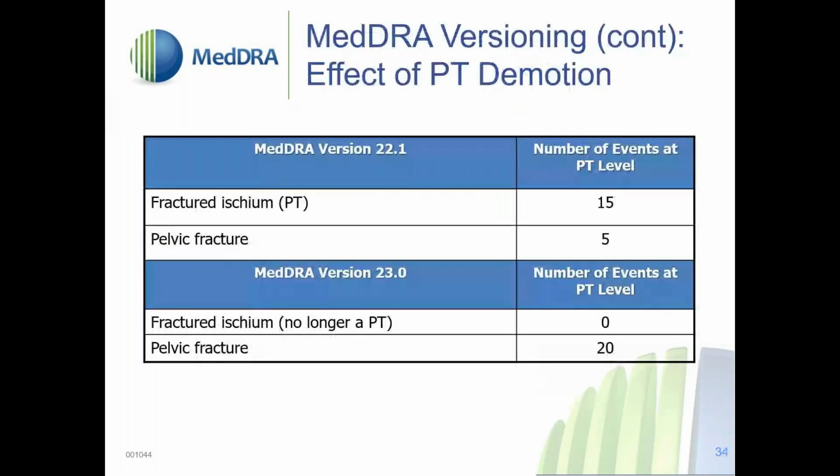But first, let's just discuss what kind of effect a MedDRA version change can have on your data. So this is data from MedDRA version 22.1 compared to MedDRA version 23.0. In MedDRA version 22.1, you had 15 events of fractured ischium for your drug and 5 events of pelvic fracture. Then the next time you do your analysis in MedDRA version 23.0, you see that your pelvic fracture count increased from 5 to 20.